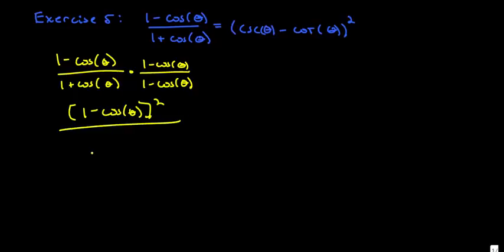We can multiply all that out, but I've got a squared over here, so I want to get a squared over here if I can. And then this is going to be 1 minus cosine squared. You have to FOIL these two guys, and your middle terms will cancel out. Well, 1 minus cosine squared is sine squared.